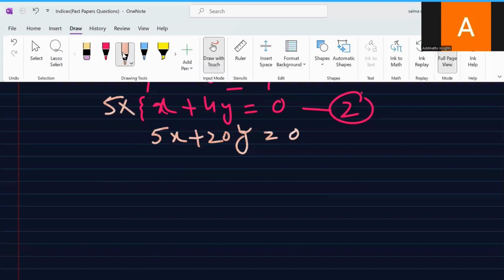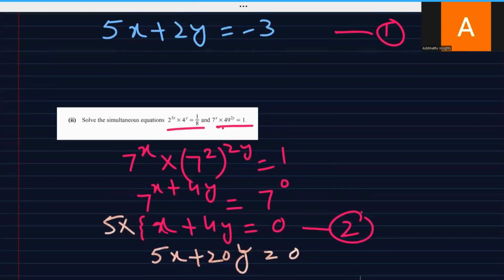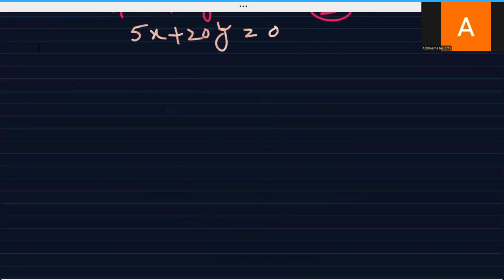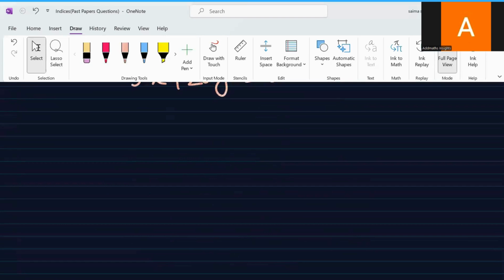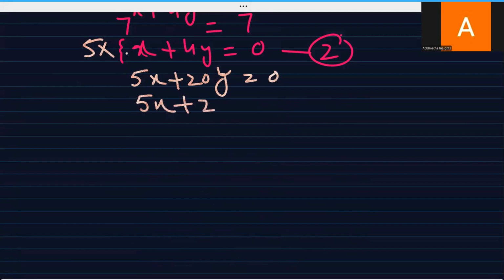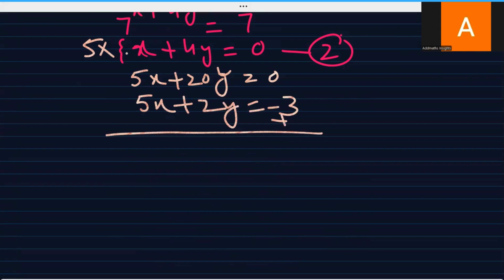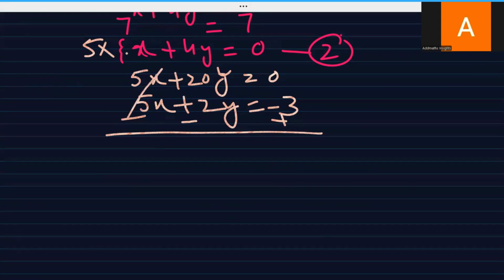And we have another equation, which is 5x plus 2y is minus 3. Now you can subtract them. So 20y minus 2y is 18y. First we'll find the value of y, and then we'll substitute that value in one of the equations to find the value of x.